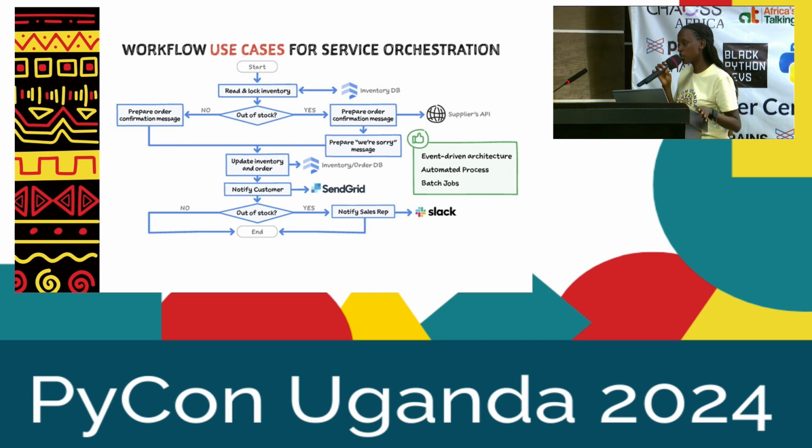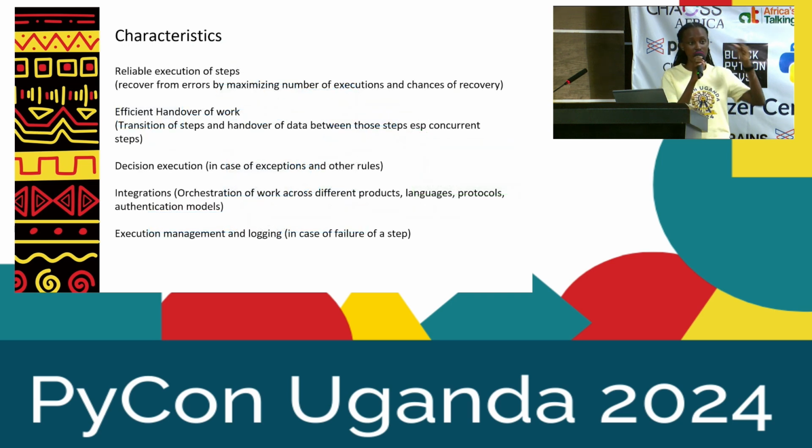Okay, so the characteristics of this workflow API: it enables reliable execution of steps. So these steps are stipulated in our workflow. So if you have step 1, 2, 3, 4, you're going to execute it in that order. And if there is any failure point, you're going to be able to see it easily.